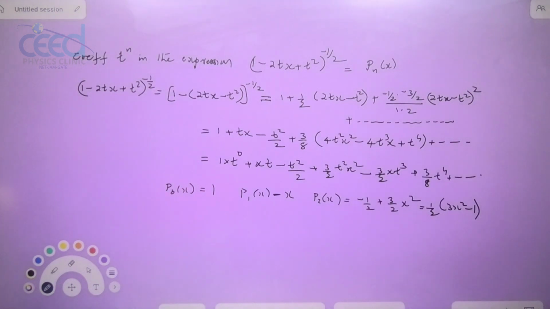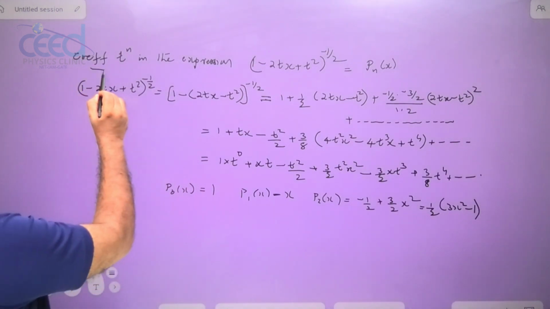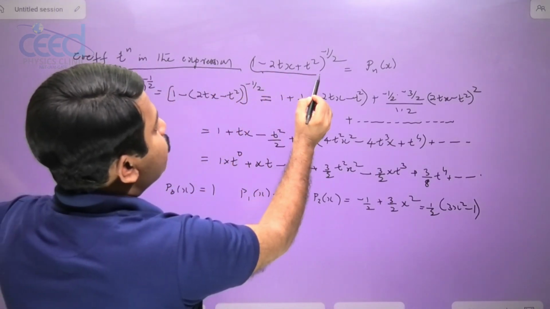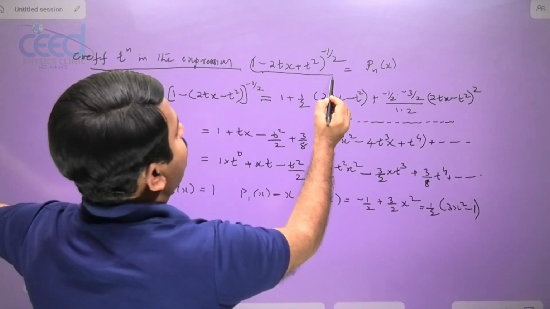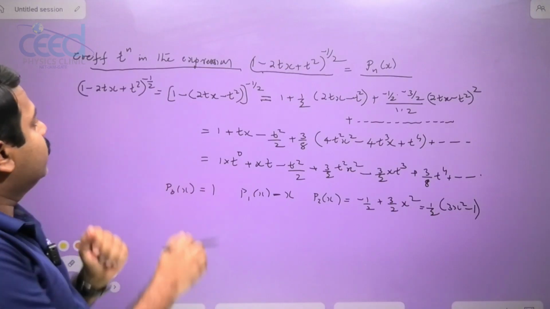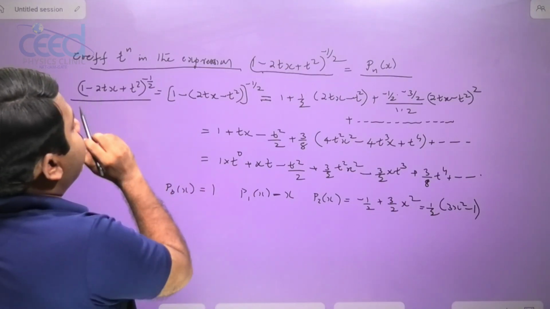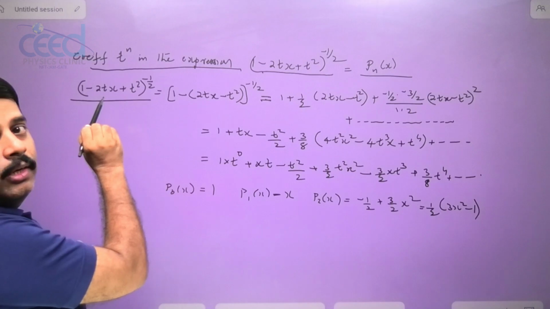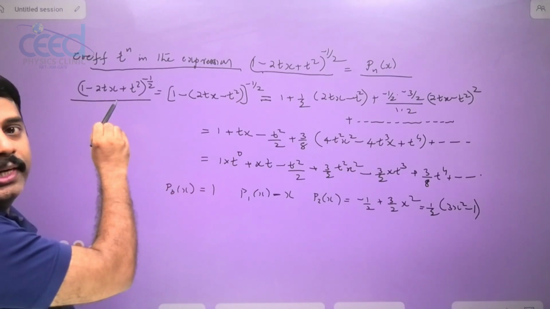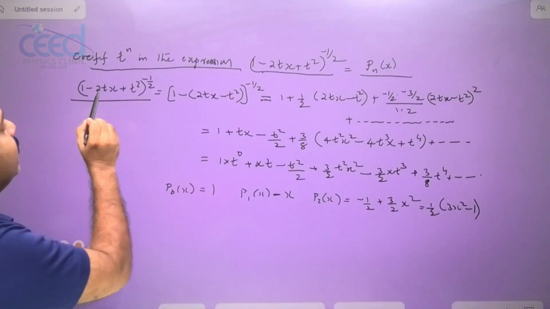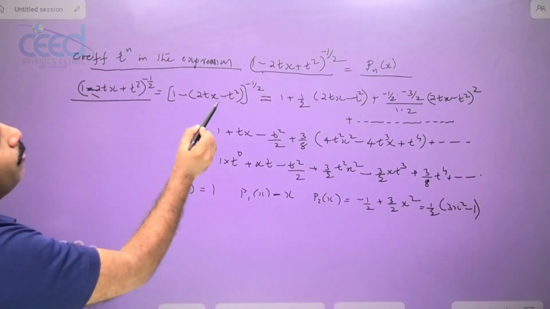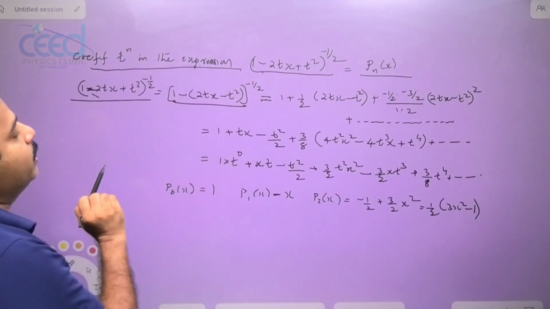Look here, the coefficient of t raised to n in the expression 1 minus 2tx plus t square all raised to minus 1 by 2, that is Pn of x, alright. Now I am expanding this. Here I am taking one negative outside. So this is negative of 2tx minus t square, all raised to minus 1 by 2.